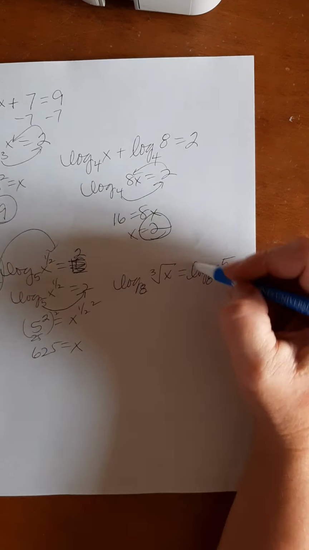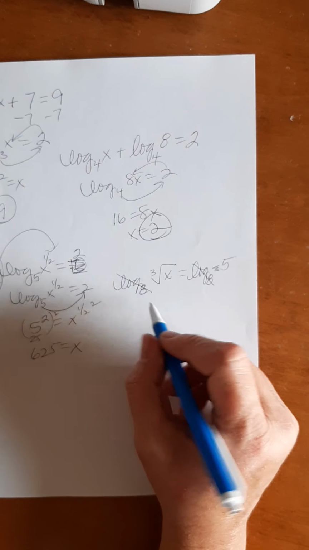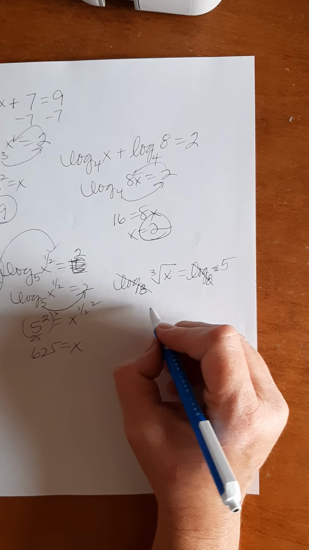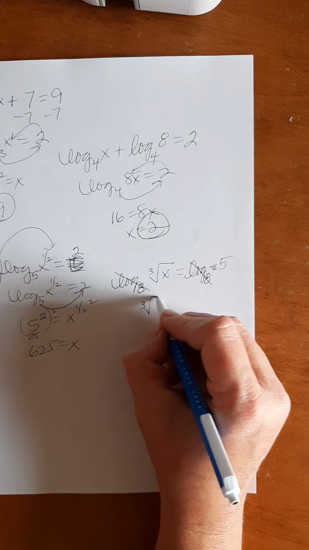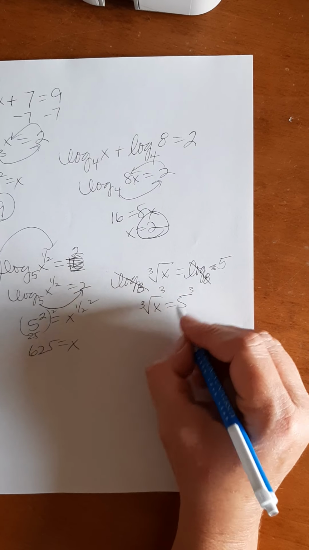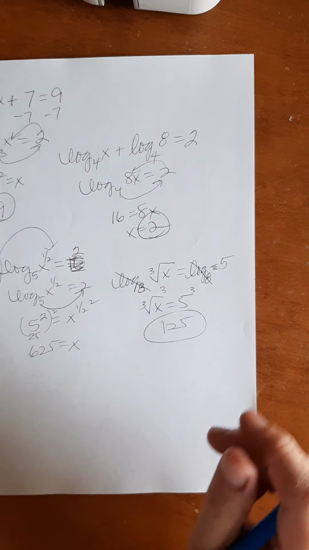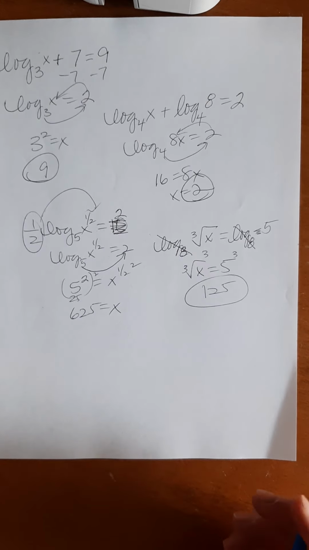So notice how logs are on both sides of this one, so they can cancel. Actually, that would have had a 1/3 out front to begin with. But anyway, it's all right. So cube root of x equals 5. Cube both sides. 125.